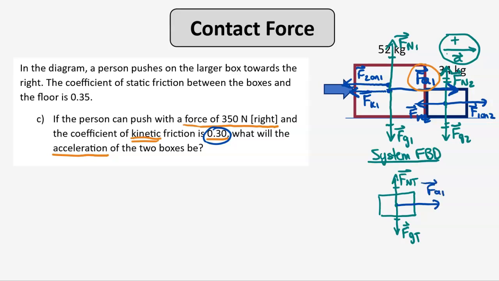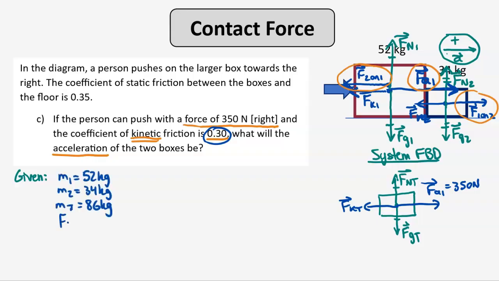And then horizontally, we have that force that was being pushed on the first box, on the 52 kilogram box to the right, but that acts on the system. And then there's this force of kinetic friction total on both of the boxes. And those internal forces, F1 on 2 and F2 on 1, do not show up on the system free body diagram, just like we had in A, because those are internal equal and opposite forces that cancel out.